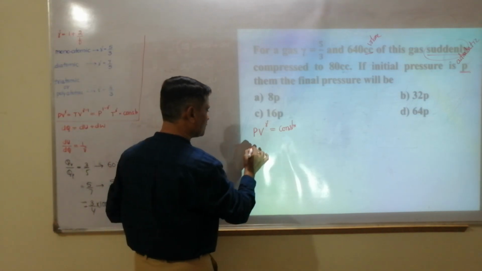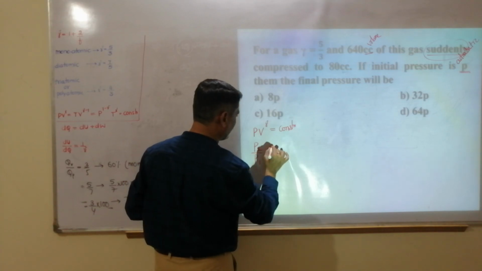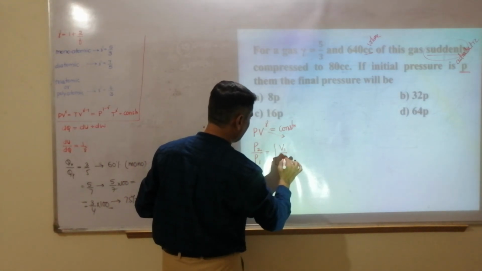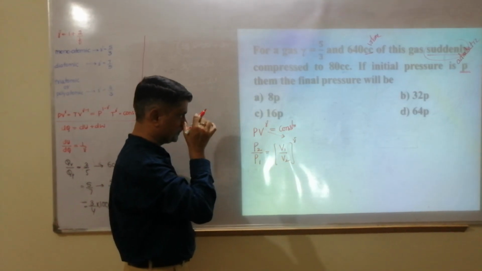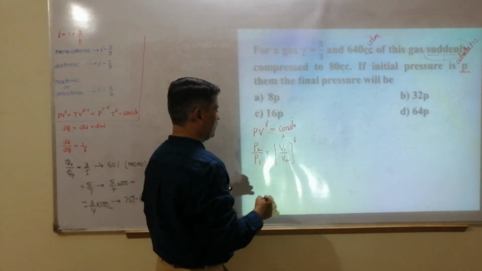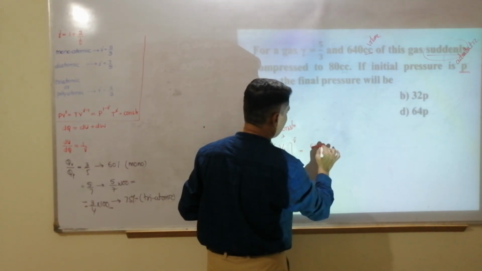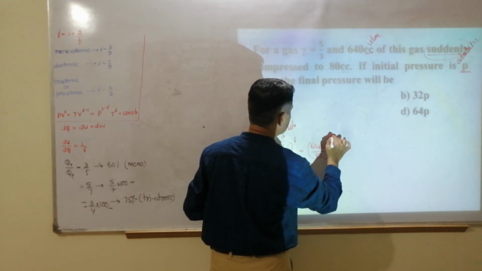Then if you want solution, then P2 by P1 is equal to, since if you bring this side, it will be inversely proportional, V1 by V2 raised to gamma. Then initially it is 640, final is 80, gamma means 5 by 3.